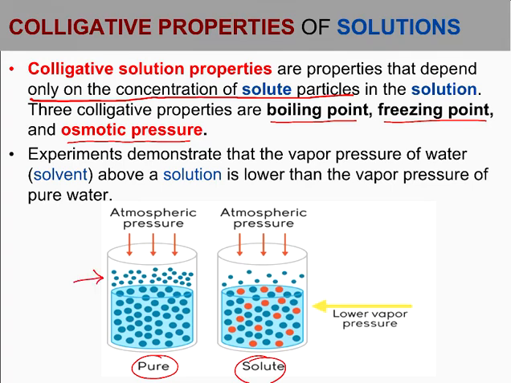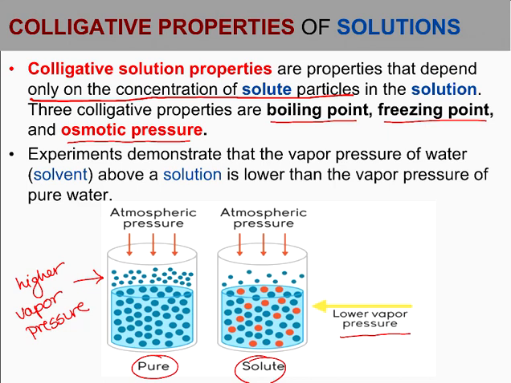So above water here, we have a higher vapor pressure. But in a solution, which is a mixture of solute and solvent, we have a lower vapor pressure. So there's less gas above the liquid.